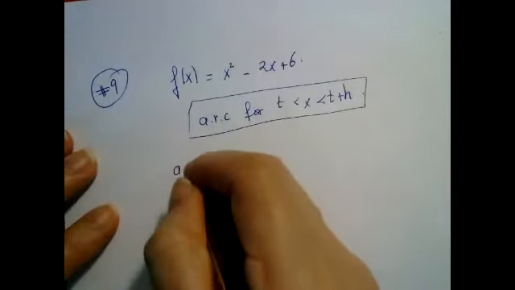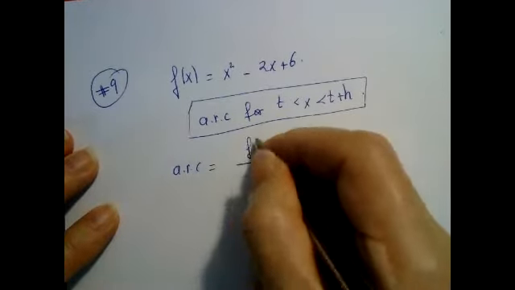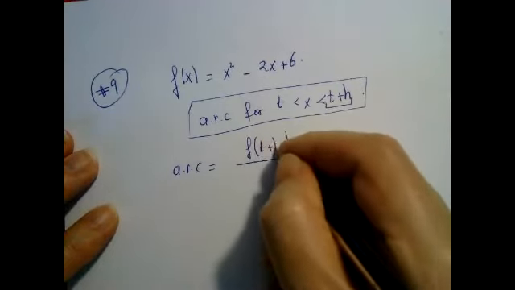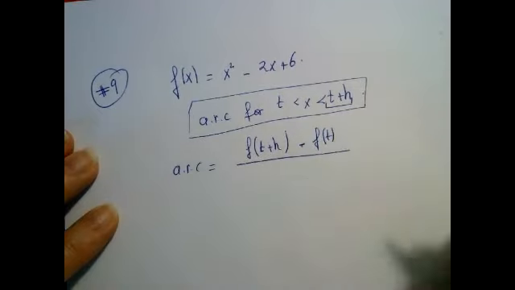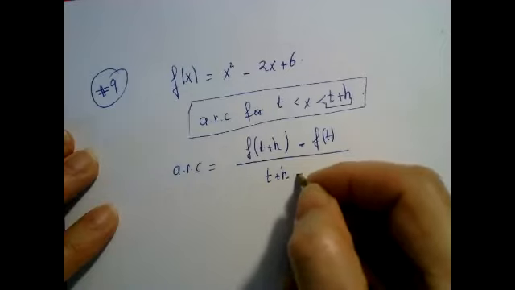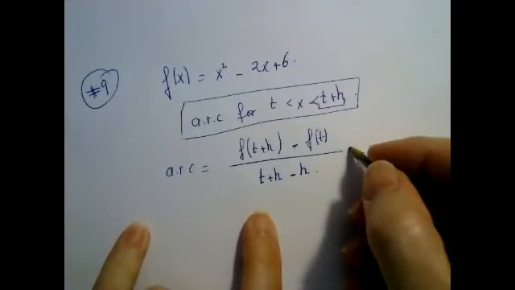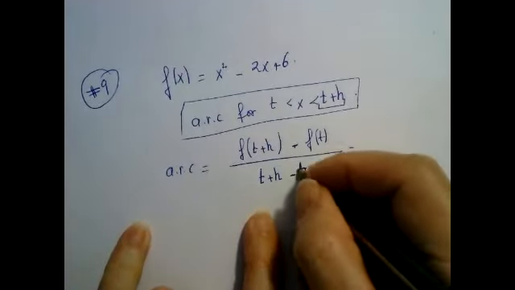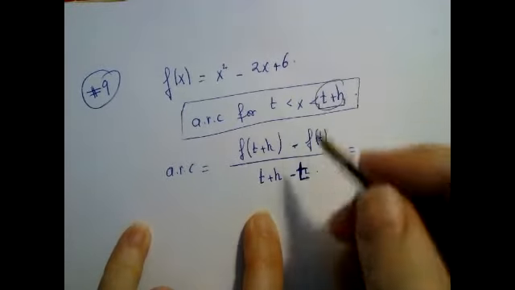The average rate of change, the formula is always the same, is f at t plus h minus f of t, divided by t plus h minus t.